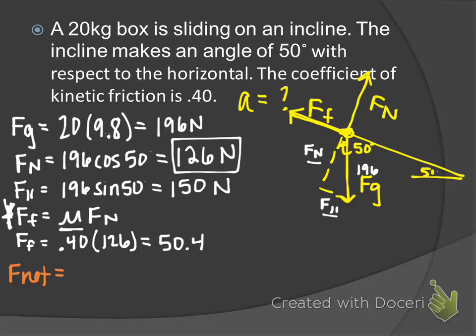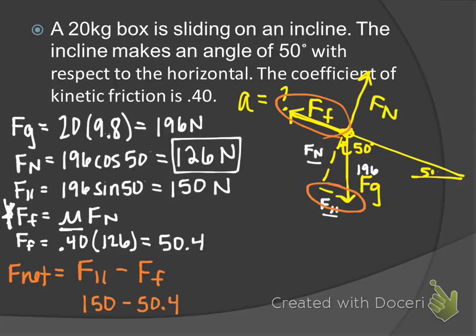So how many forces do I have acting in the horizontal direction? 1 and 2, right? And which one's positive and which one's negative? Which is our positive force? Parallel, because it's going down the incline, and our negative force is friction, because it's going up the incline. So my parallel force is 150. My frictional force is 50.4.